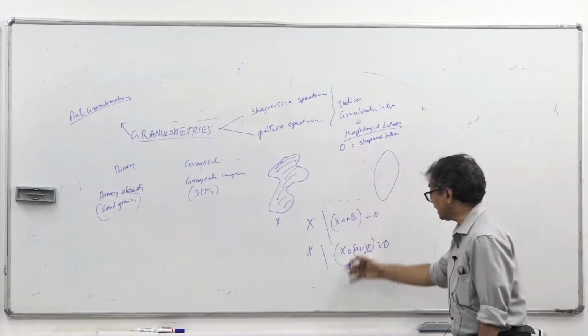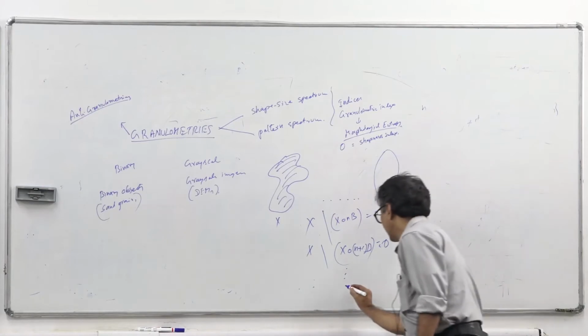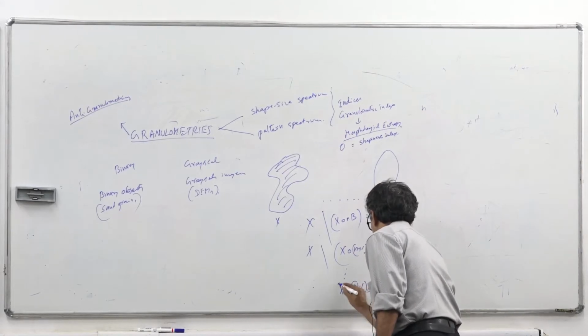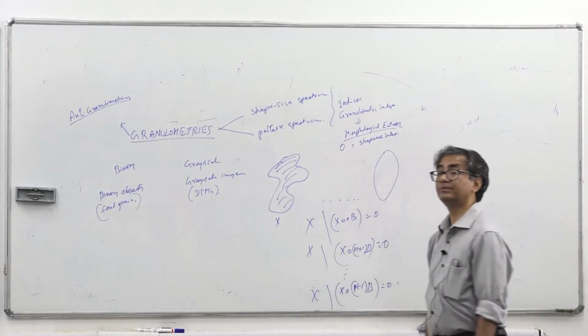It is happening until X opened by capital N minus 1 size B, it is still 0.